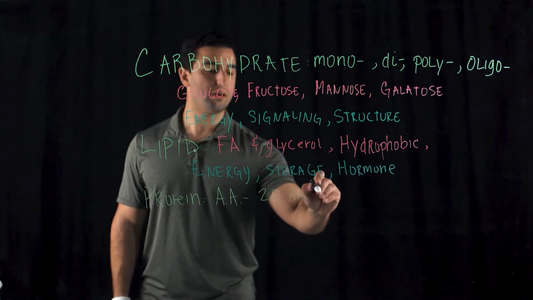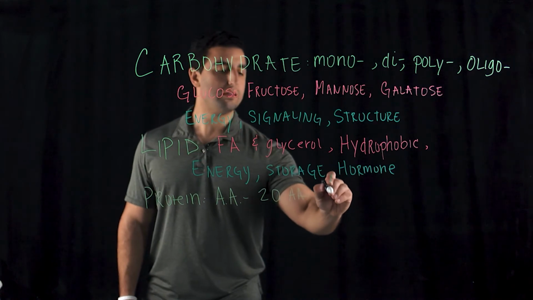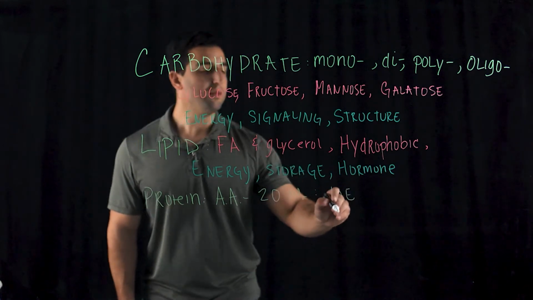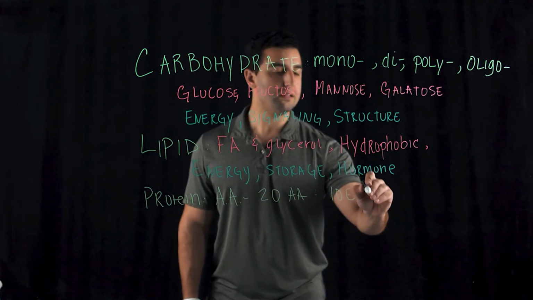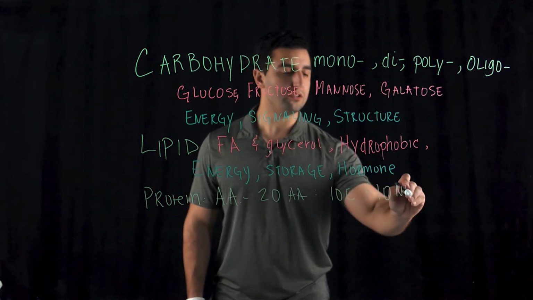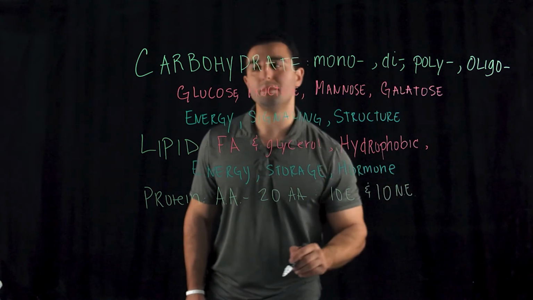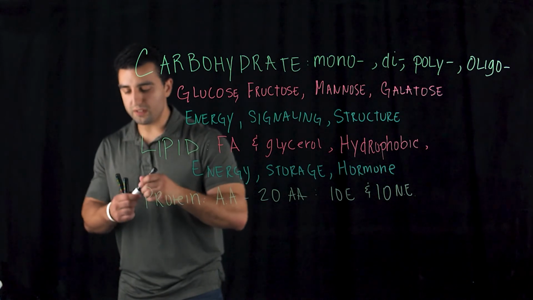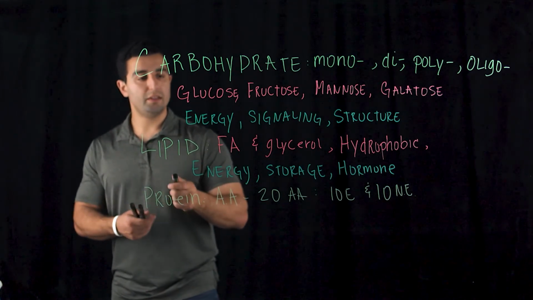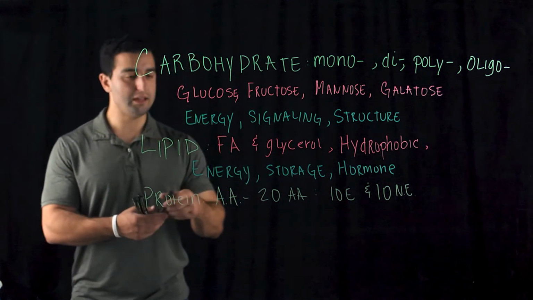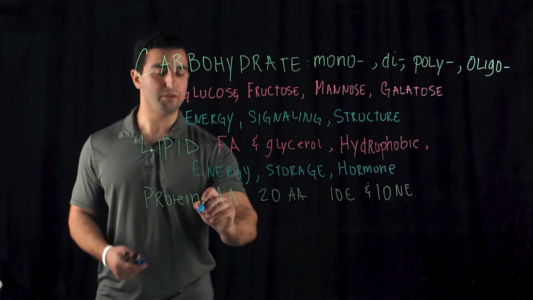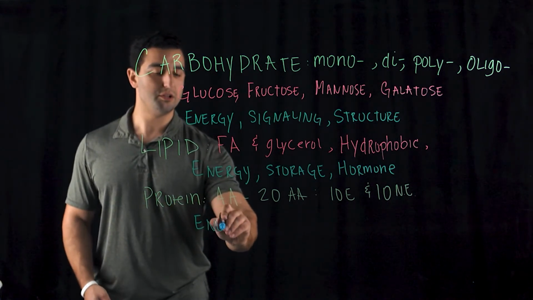If we break it up, there are 10 essential, meaning that your body needs them, and 10 non-essential, meaning your body can create them on its own. And what is their function? Energy is one function of the proteins. Energy plays a big role.